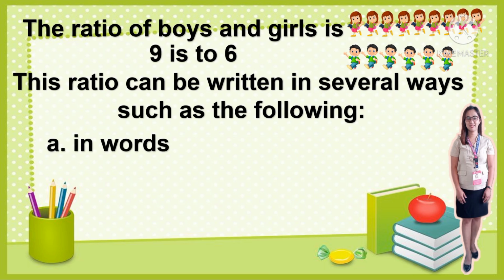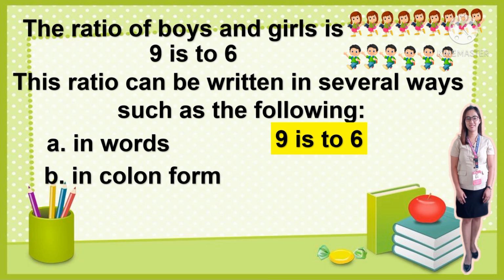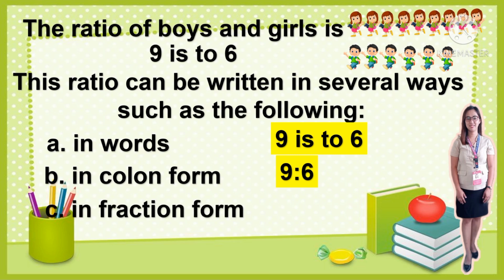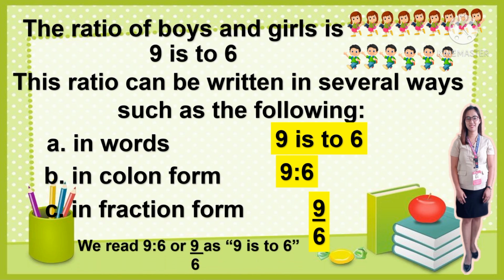In words, 9 to 6. In column form, 9:6. In fraction form, 9/6. We also read the column form and fraction form as 9 to 6. Kids, remember, ratio can be written in 3 forms. We have in words, in column form, and in fraction form.